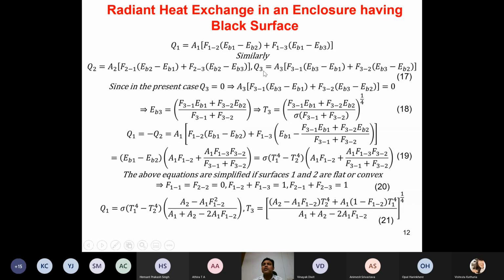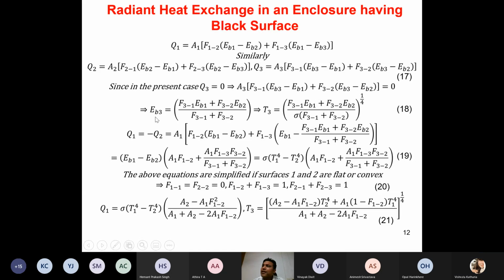If we put Q3 equal to 0 in equation number 17, what we get is A3 F31 (EB3 minus EB1) plus F32 (EB3 minus EB2) equals 0. So we can rearrange this equation and find the expression for EB3 in terms of EB1 and EB2. So EB3 comes out to be (F31 EB1 plus F32 EB2) divided by (F31 plus F32). Is it clear to everyone? Is it all right? Yes, sir.